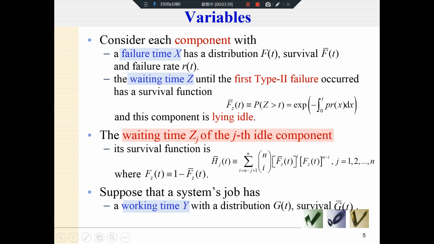And this component is lying idle. Please refer to it. The waiting time Zj of the j-th idle component has survival function Hj bar of t, like this equation. And suppose that the system's job has a working time Y with a distribution G of t, survival G bar of t.